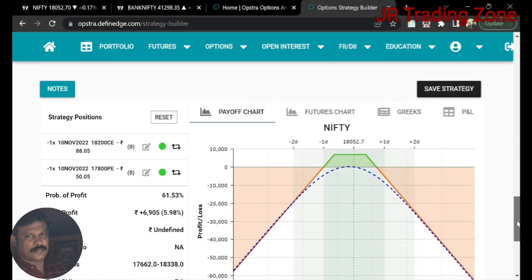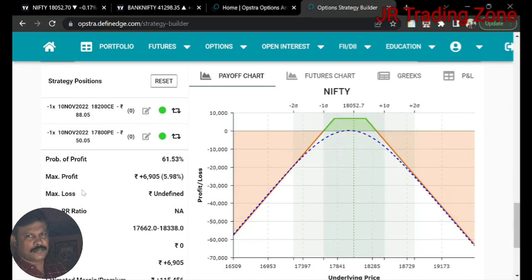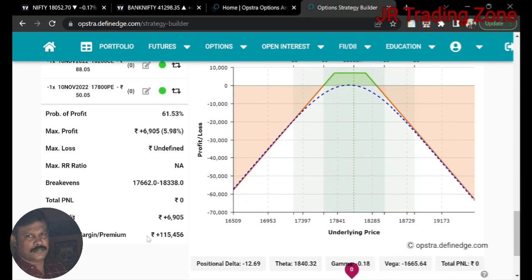Let's see how this strategy works. This is the short triangle. The margin money for this strategy is 1,15,000 rupees. You are collecting a premium of 6,905.